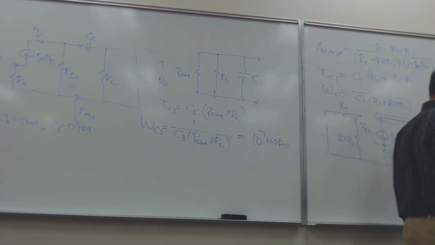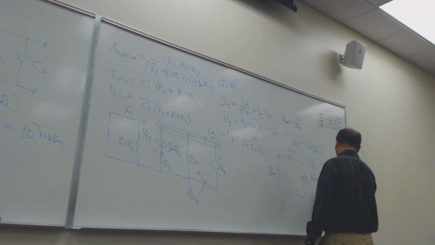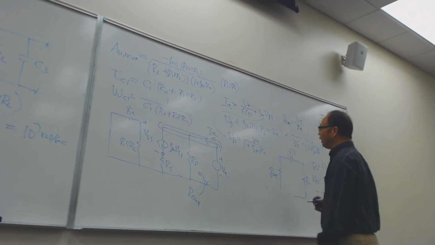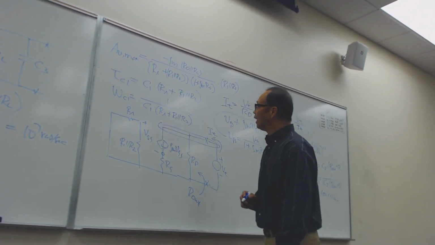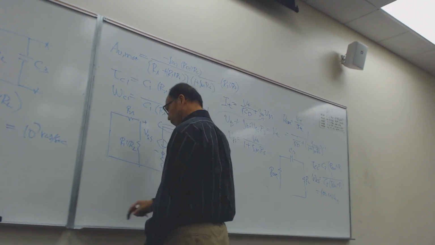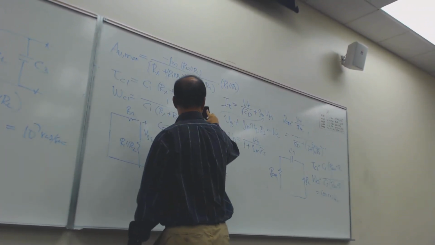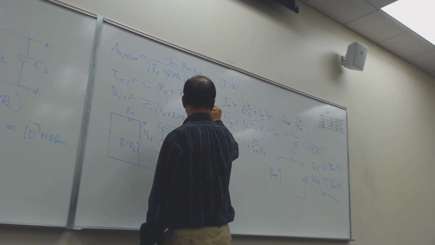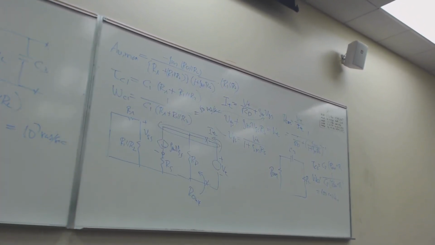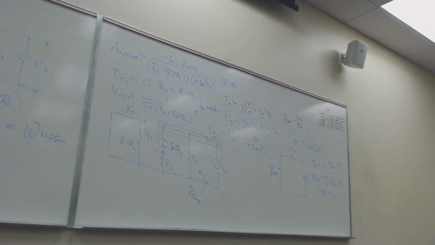Okay, and this one I can assign a number. Let's say it's 100 radians per second, right? And then there's one more right here, right? That's 50. 50 radians per second. Okay, so now we can sketch the plot.